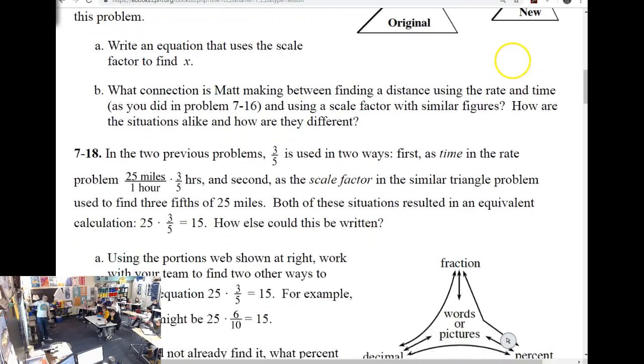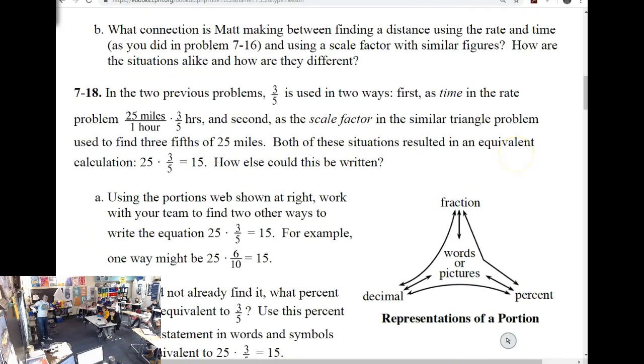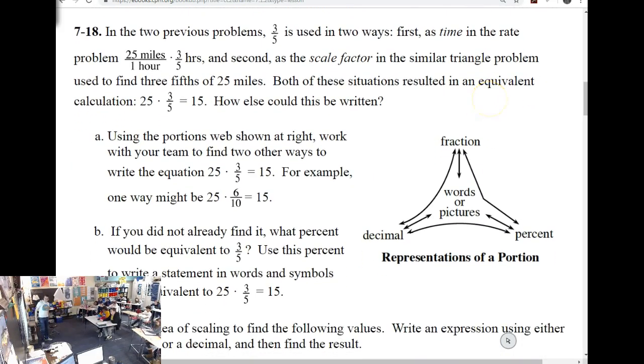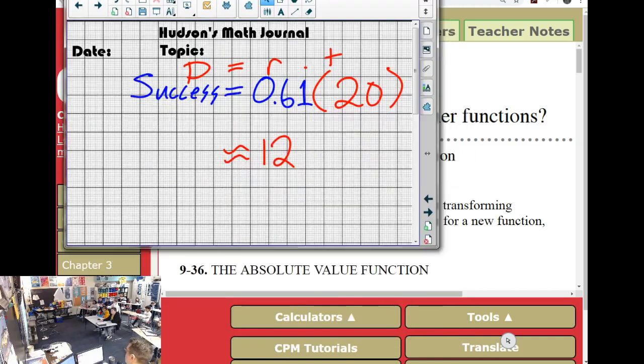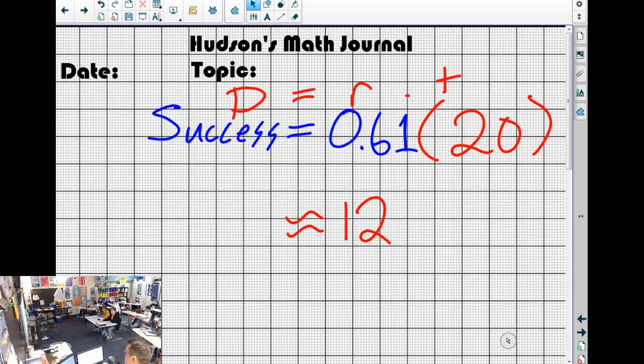So then, if we move on to 18, actually go ahead and number this, because we're going to write this out and look at some labels and what works to change these labels. 7-18, please. 17 was just showing you how the geometry works. We didn't skip it. If you skipped it, you weren't paying attention.